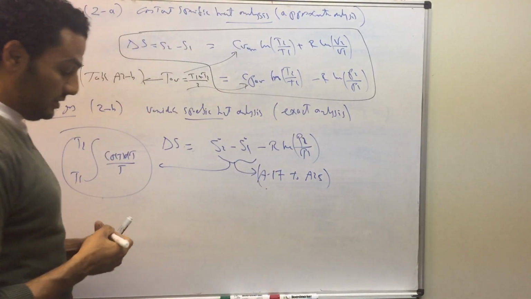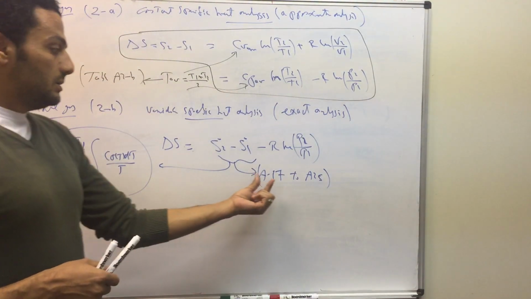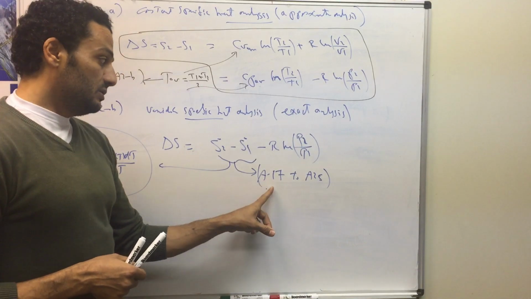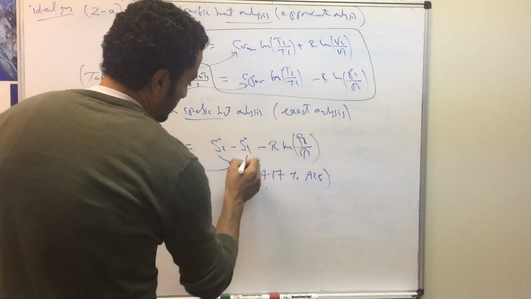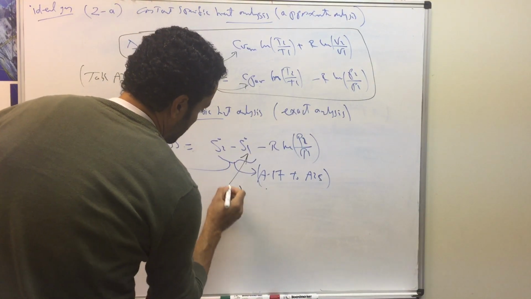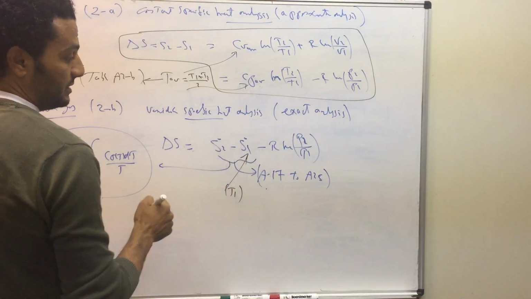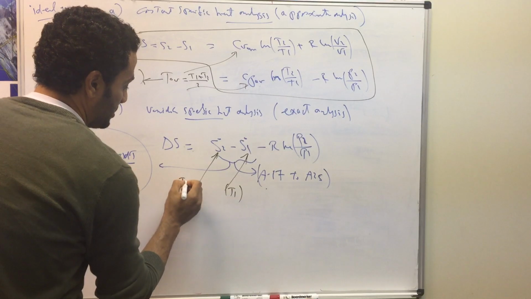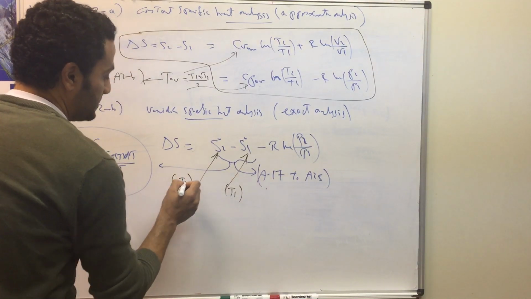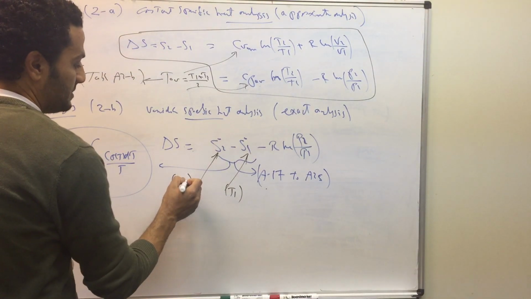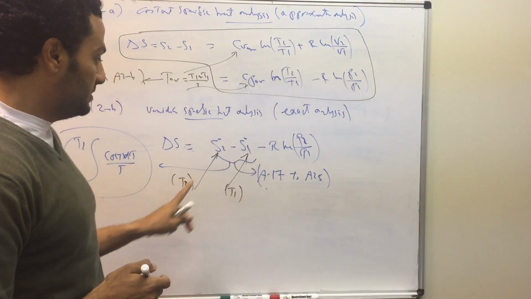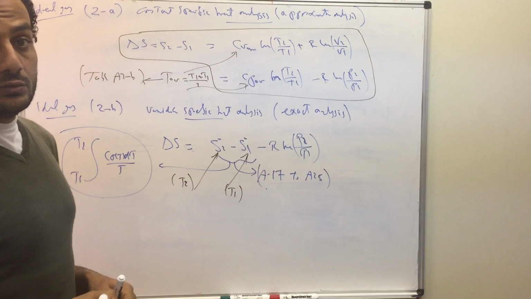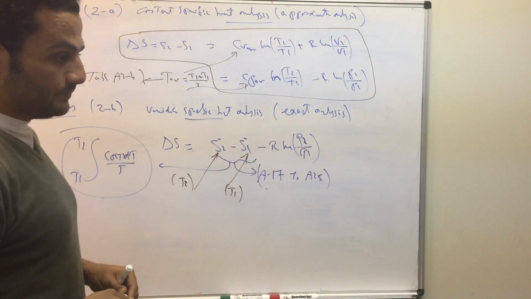So you have to look at the working fluid. Let's say if it is air, it is table A17, so at temperature T1 we can get s naught 1, and at temperature T2 we can get s naught 2. If it is another substance, let's say oxygen, you can select another table, and also at T1 you can get s naught 1, and at T2 we can get s naught 2.